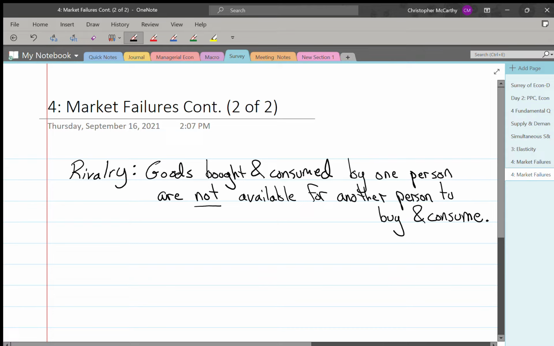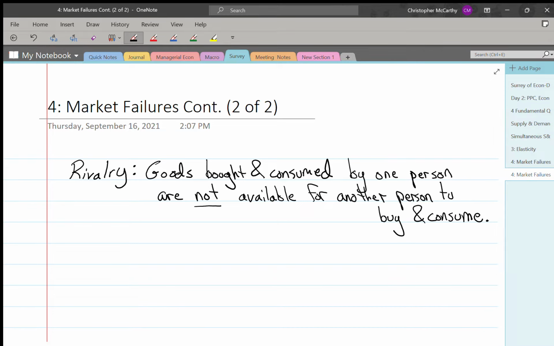So let's think about goods that are rival compared to goods that are non-rival.